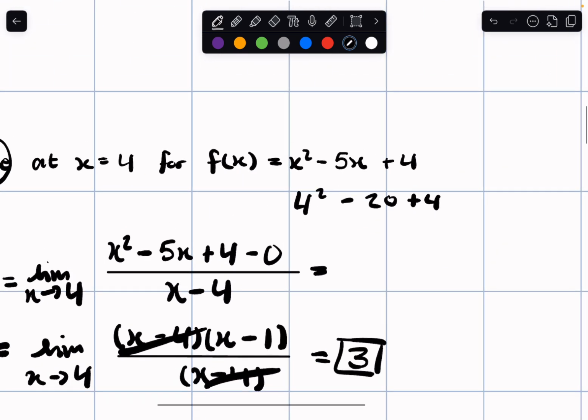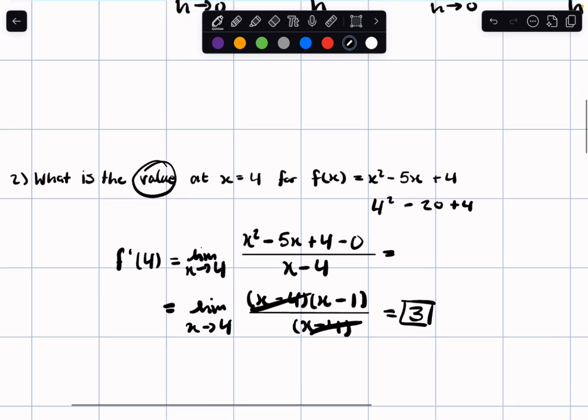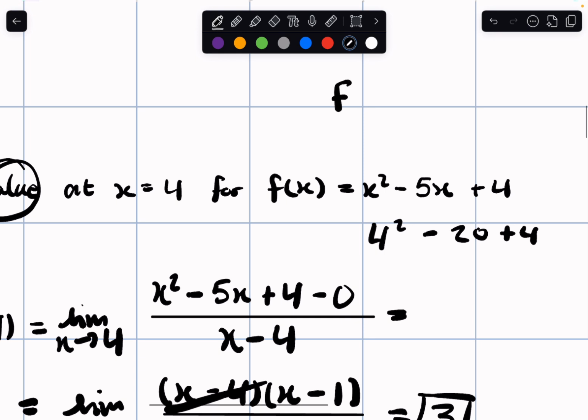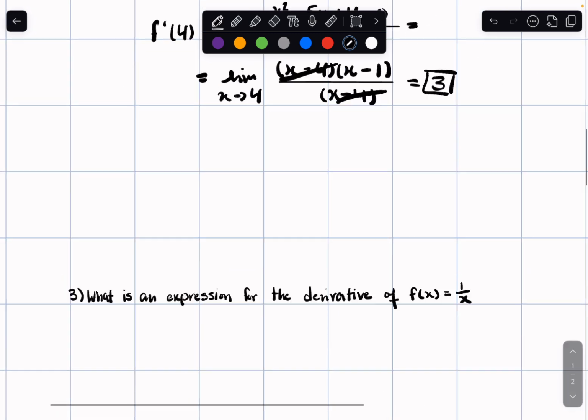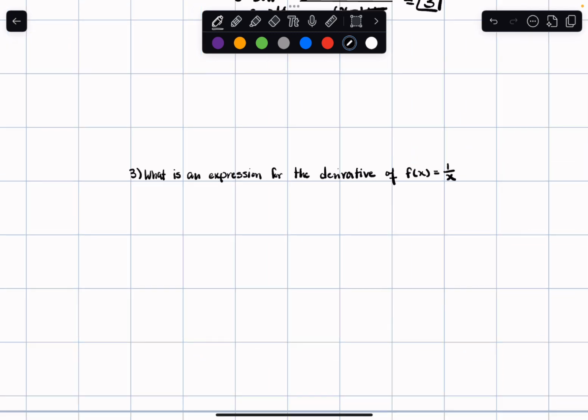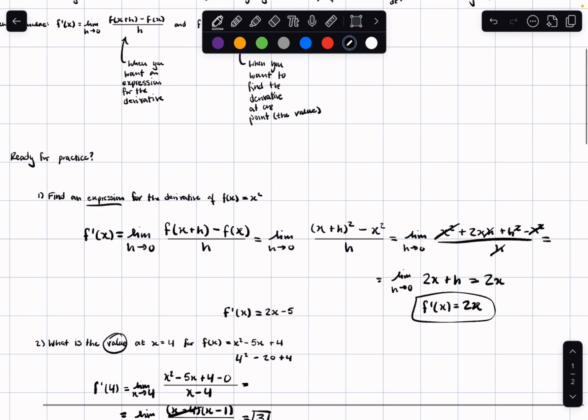And if you really wanted to check, we'll learn this more in depth in the next video, but we can take the power rule and do f prime of x is equal to 2x minus 5, and x is 4, so 2 times 4 is 8, minus 5 is 3.